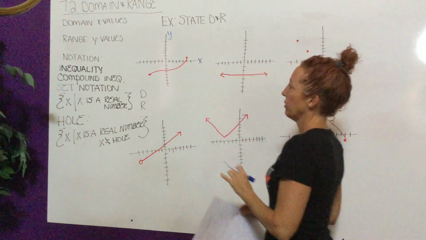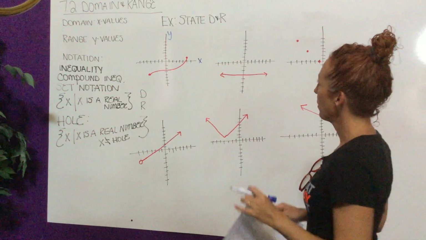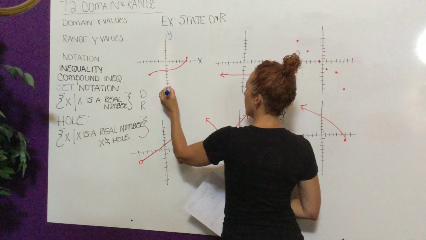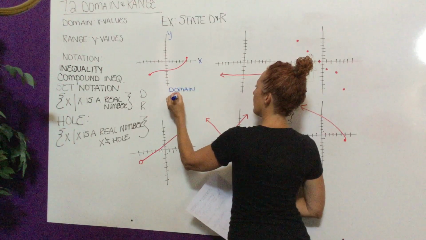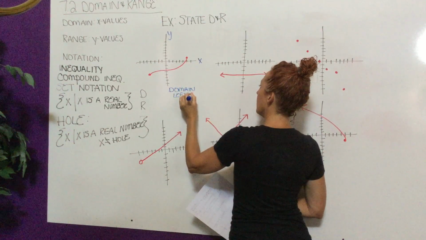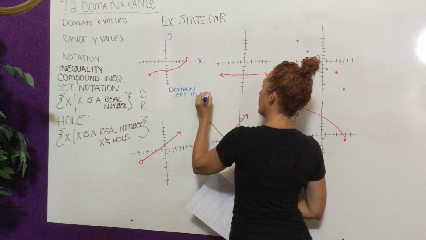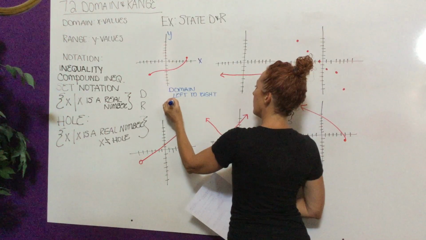Let me give you some general strategies here first. For the domain, you want to look left to right because you want the smallest number.